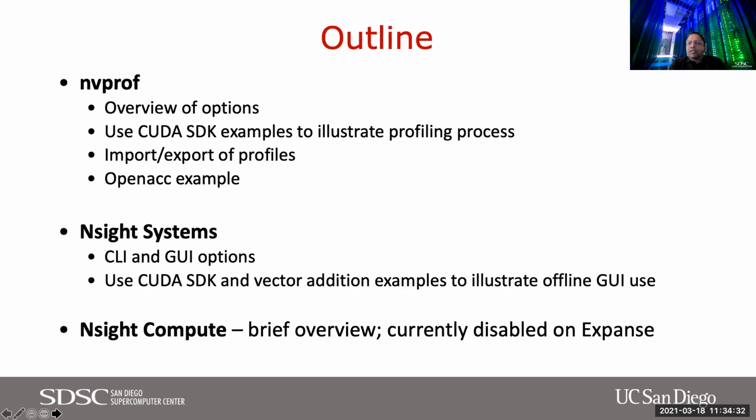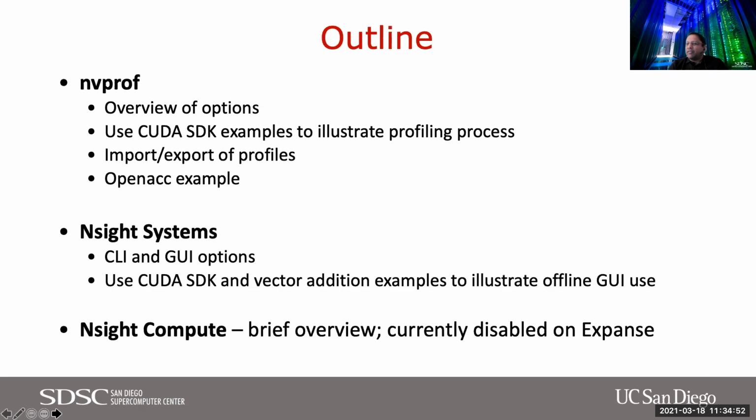And then look at NSIGHT Systems, which will basically look at both the CPU and GPU profiling at the same time, both the CLI and GUI options. And again, we can go back and look at the same examples and see how to use it.